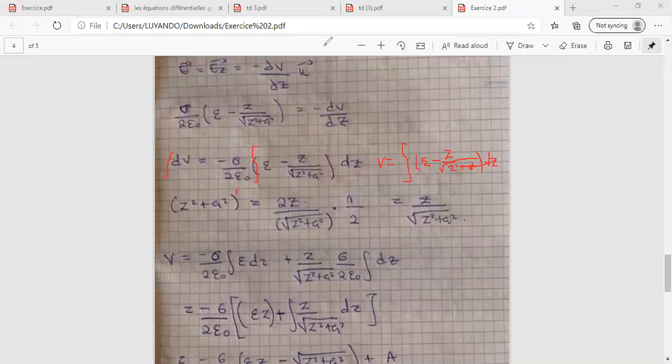I integrate what's inside, times over my expression that I have here, times 1 over half. So the 2 and this 2 are going to cancel. So I'm going to have this.